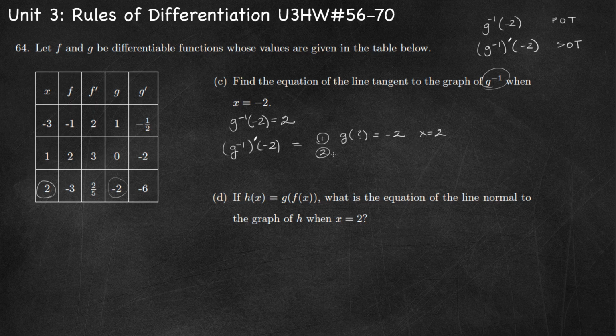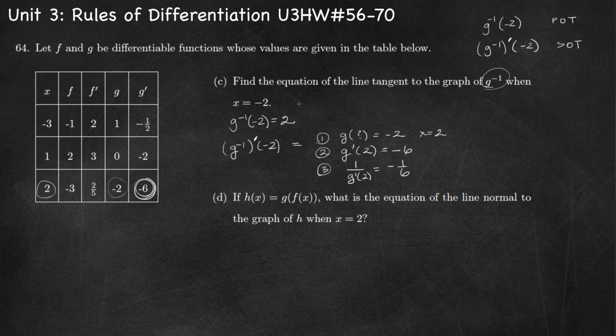And then step 2, we're going to substitute that into the derivative of g. So we want g prime of 2. G prime of 2 is -6. And then step 3, we're going to take the reciprocal. So 1 over g prime of 2 is -1 over 6.